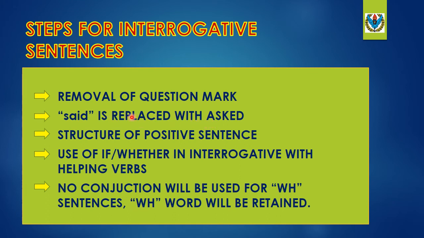We have practiced replacing this said with asked. Structure of positive sentence. We have just learned that we will keep the structure of a positive sentence. Use of if, whether in the interrogative with helping verbs. When the interrogative sentence starts with a helping verb, we will use if or whether.